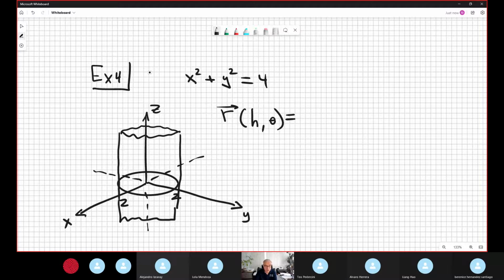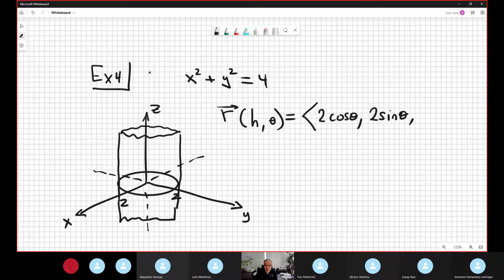Who is theta? Well, theta is the angle, right? For the full cylinder, the x component is 2 cosine theta, comma, 2 sine theta. Okay, so far, if I close this, you now understand it is a curve.